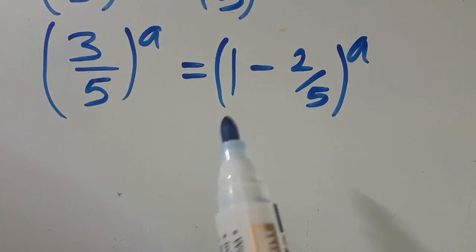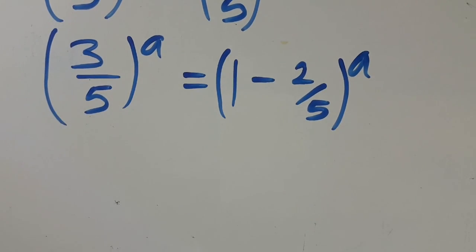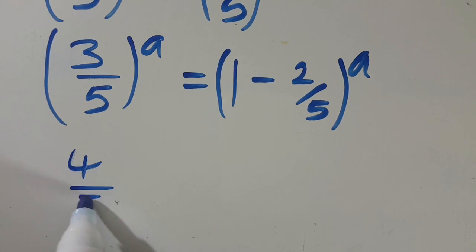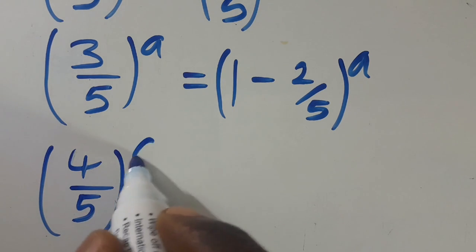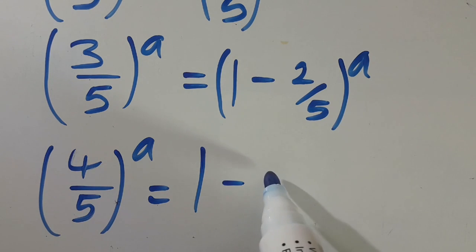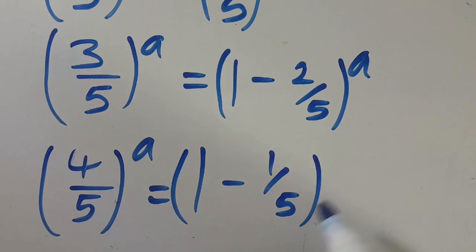And likewise, we can also resimplify this 4 divided by 5 as 1 minus 1 divided by 5, all in bracket, to the power of a.